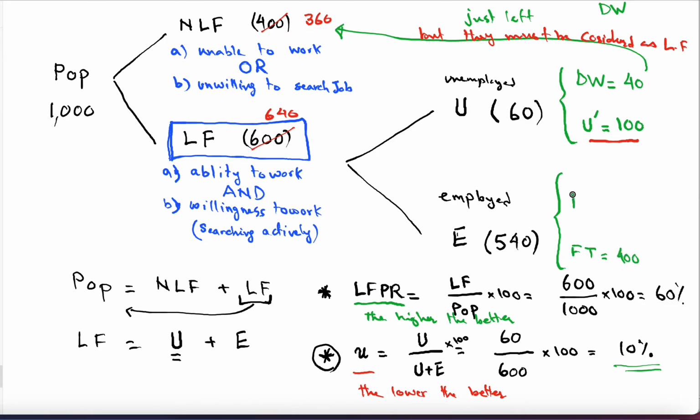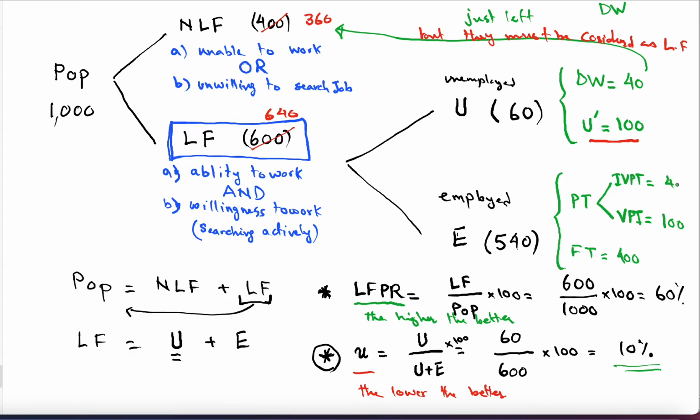But for the part-timers, there are two types. Some of them are voluntary part-timers. They want to be part-time. It is their choice. And let's say these are 100. The other 40 are called involuntary part-timers.